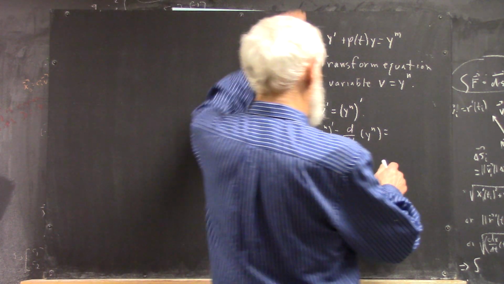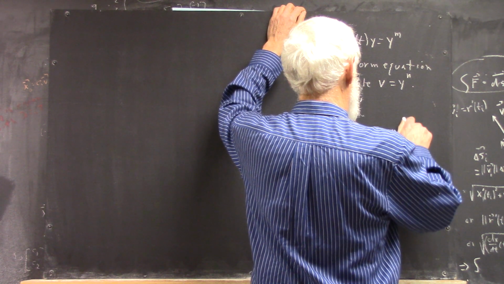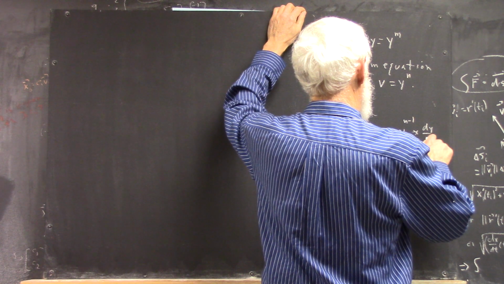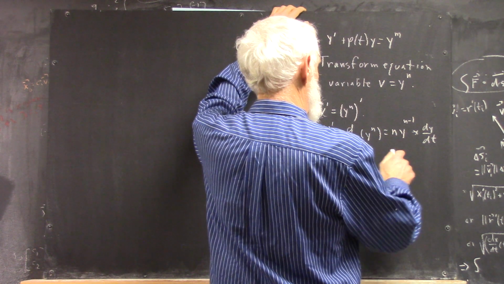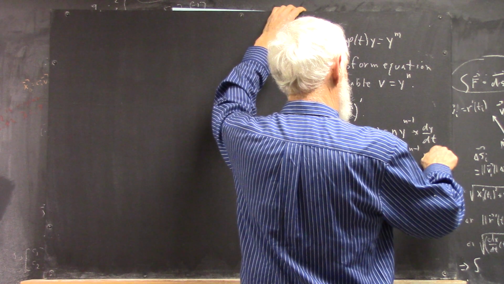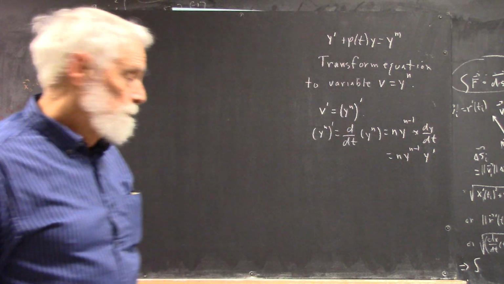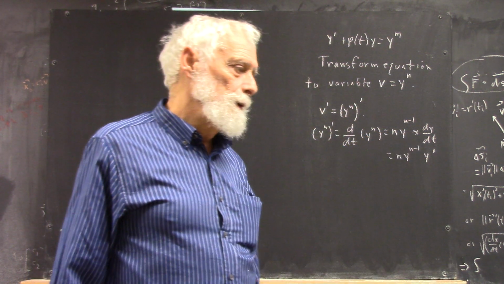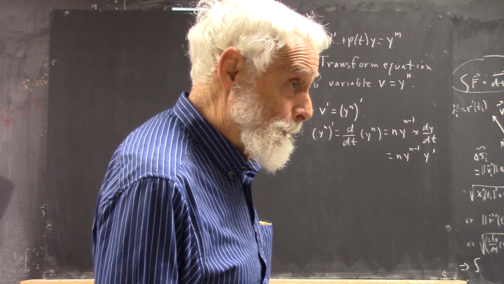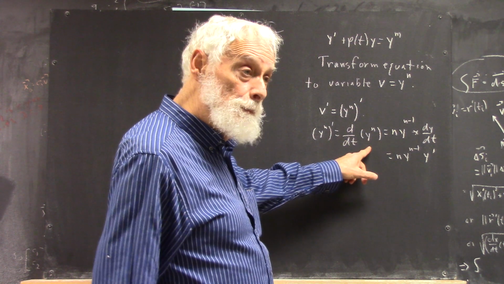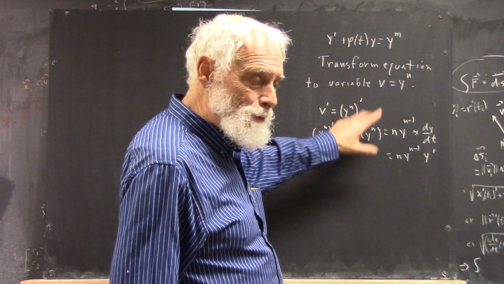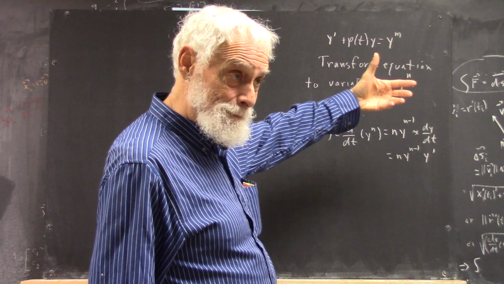Well, chain rule. You should totally understand that because you did implicit differentiation last year. Okay? Y is a function of t, so this is a composite of y with the nth power function.